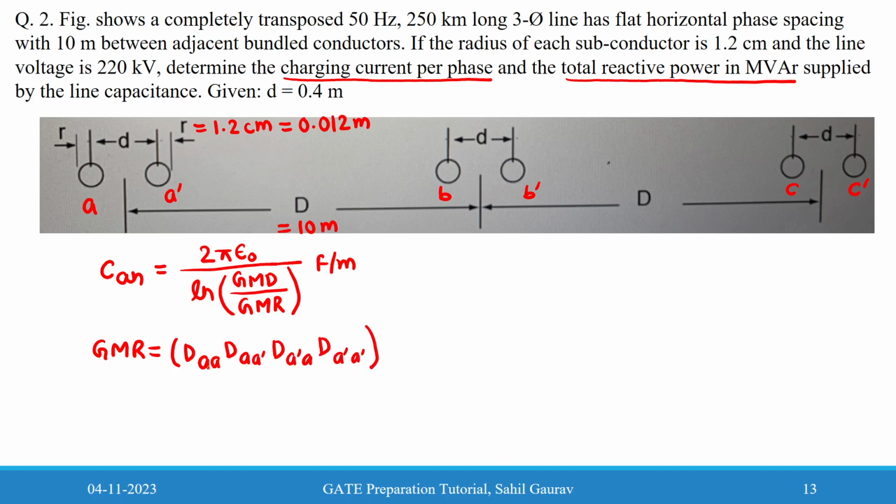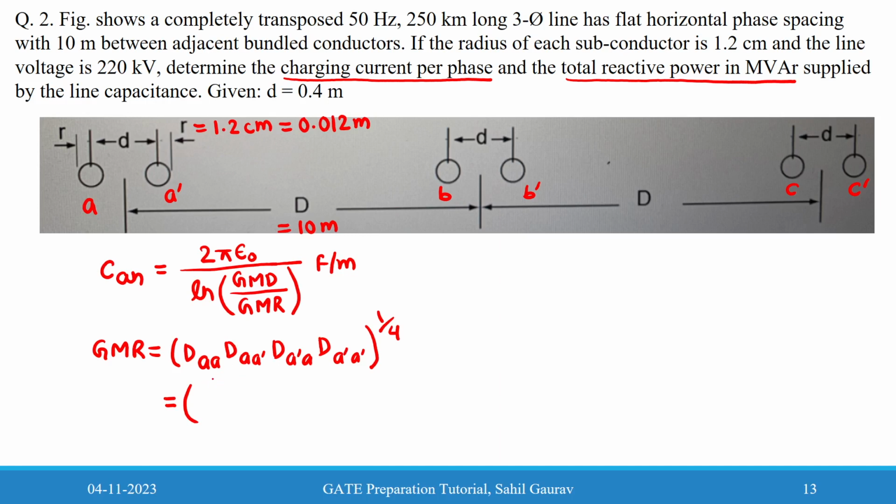How many terms inside? There are four terms, so it will be 1 divided by 4. What is the value of Daa? Can anyone tell what is the value of Daa? 0.7788 into R?